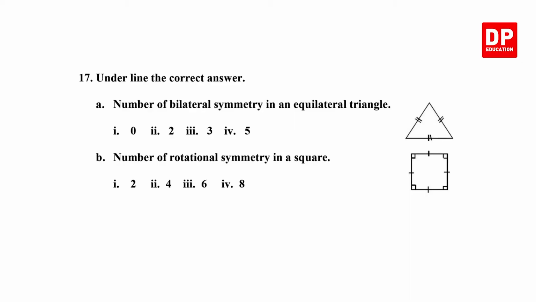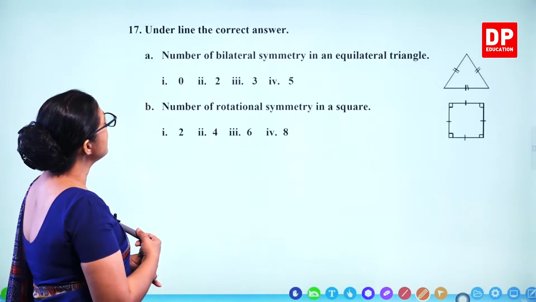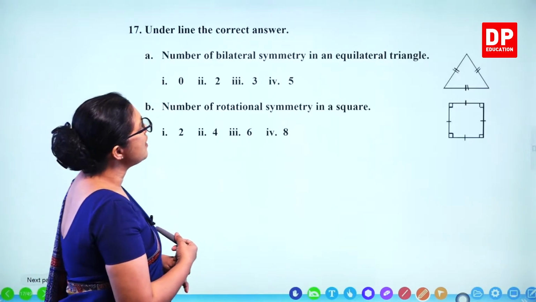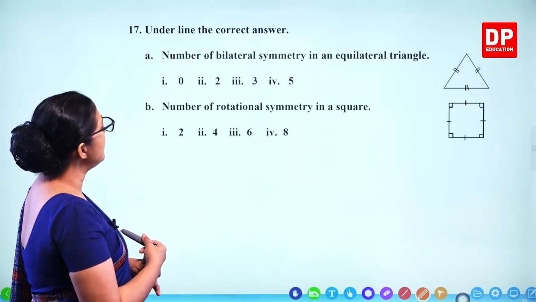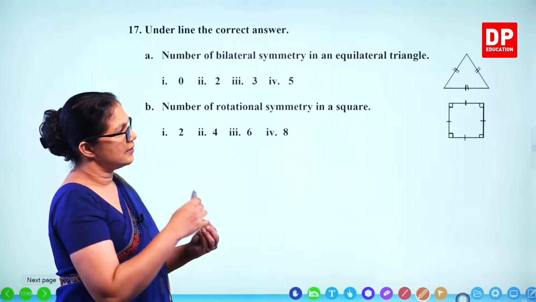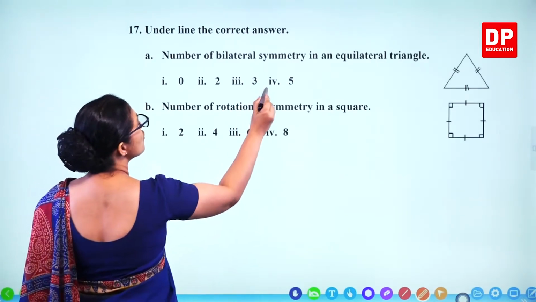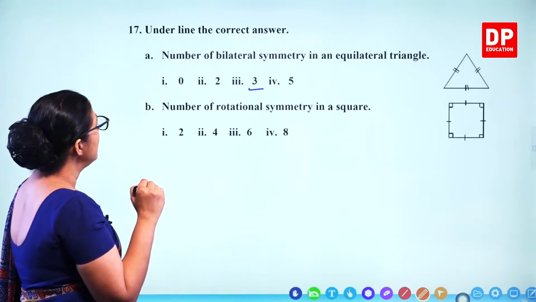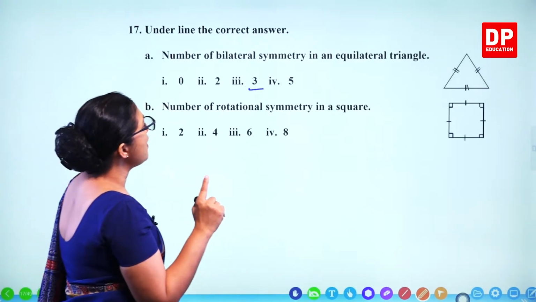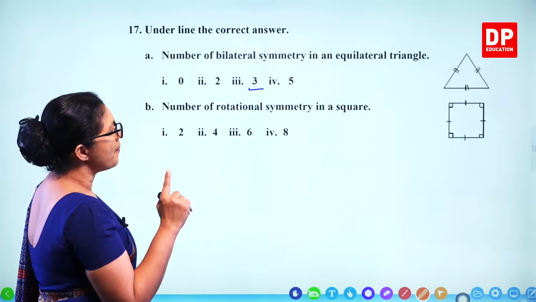Question number 17. Underline the correct answer. Number of bilateral symmetry in an equilateral triangle. 3 sides are there. So you can get 3 figures. So 3 is the answer. Number of rotational symmetry in a square.